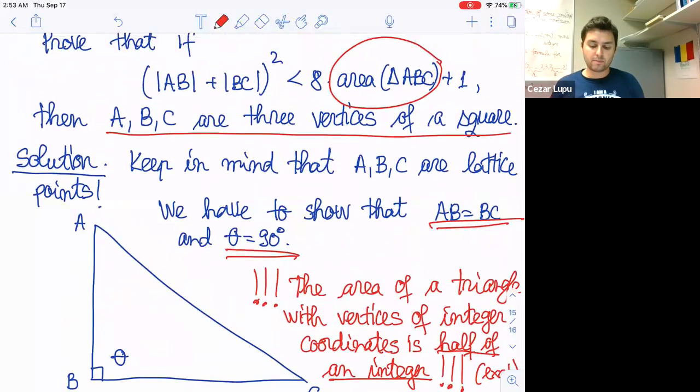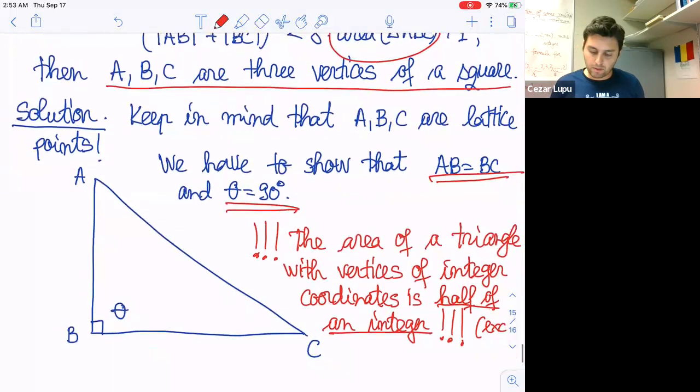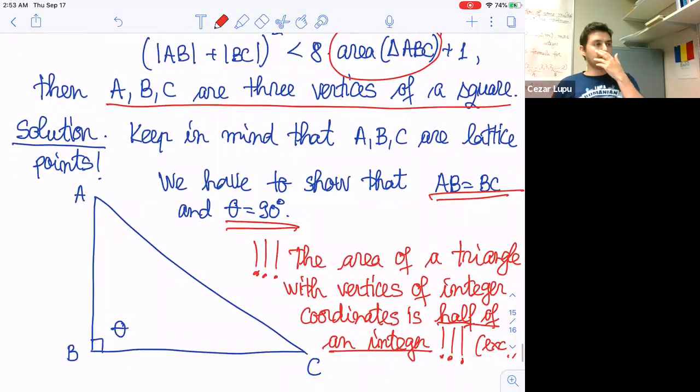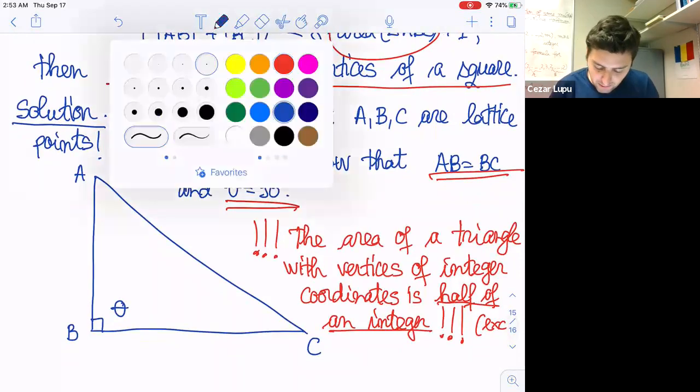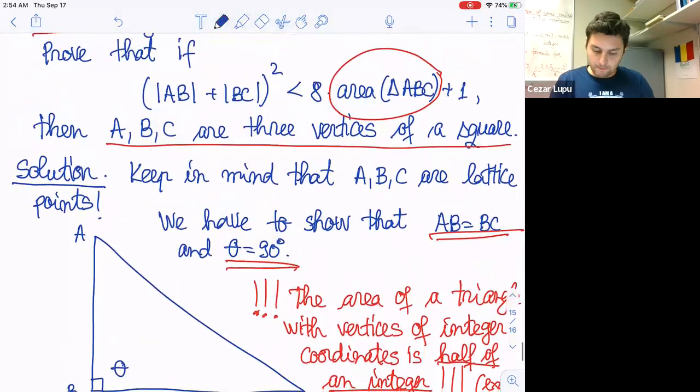Now I can also compute the area in other ways. There are plenty of ways of doing this. The official solution is a little bit tedious, so I'm just going to do it my way.